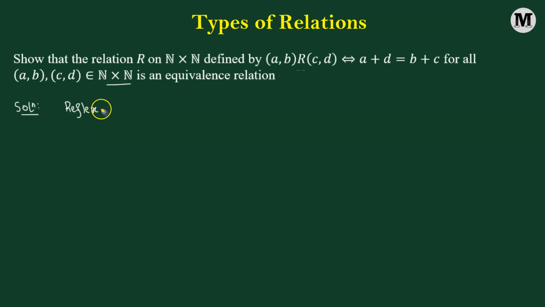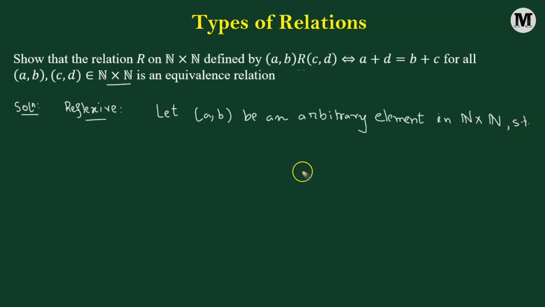To verify whether it's reflexive, we are going to consider an arbitrary element. Let (A, B) be an arbitrary element in the Cartesian product of N with itself.